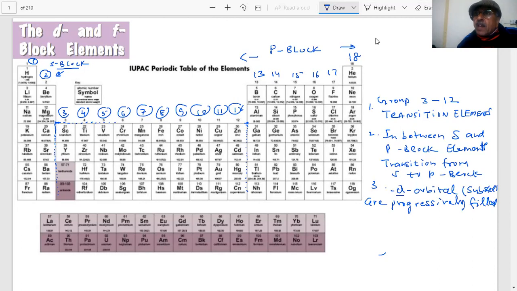Because in S block elements, the S subshell or S orbital is progressively filled. In P block, you are saying the P orbital or P subshell is progressively filled. And in D, you are saying the D subshell is progressively filled. That is why we say D block.